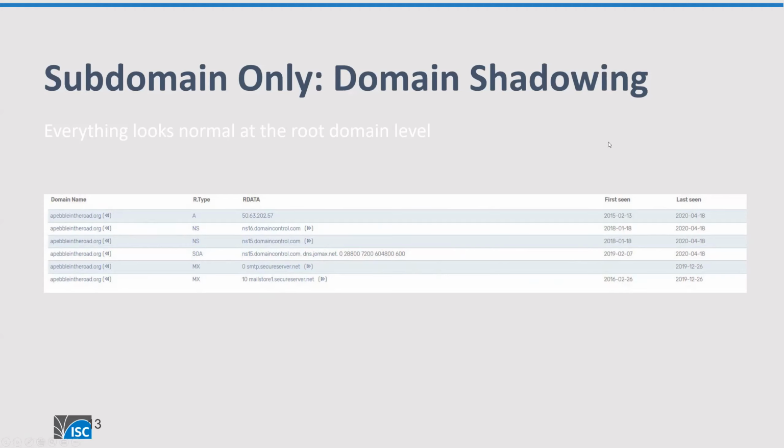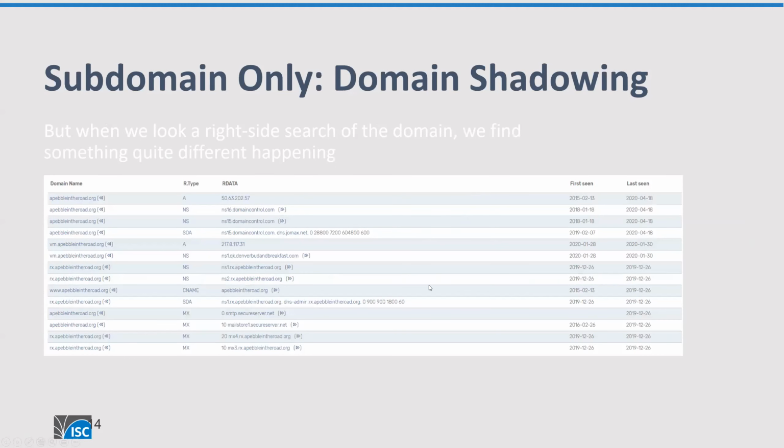Everything's been the same for a while for all of these records. So then we go and we take a look at the subdomains, and what they are pointing towards, you guessed it, that Russian infrastructure.